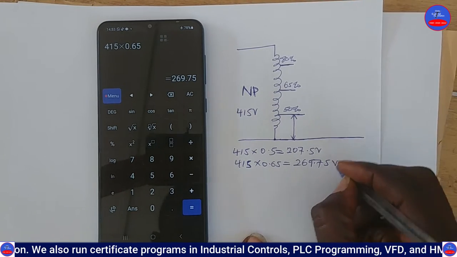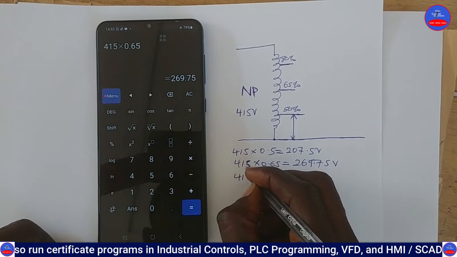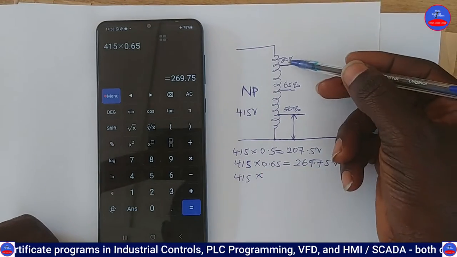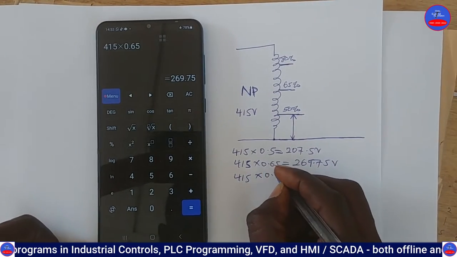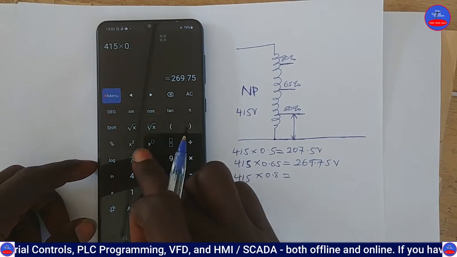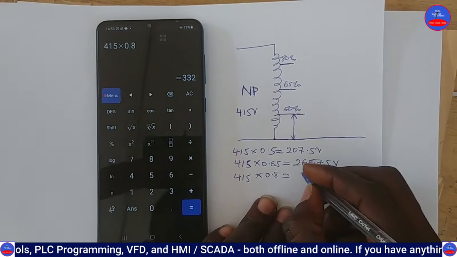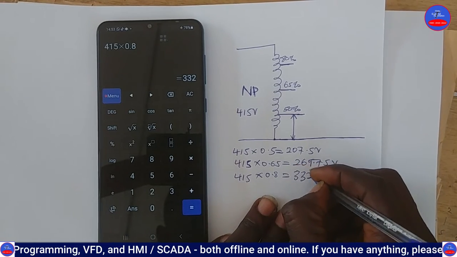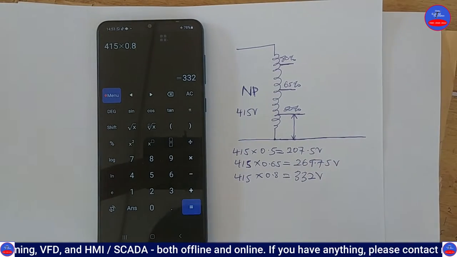And then 415 times 80%, 0.8, gives us 332 volts. You see that?